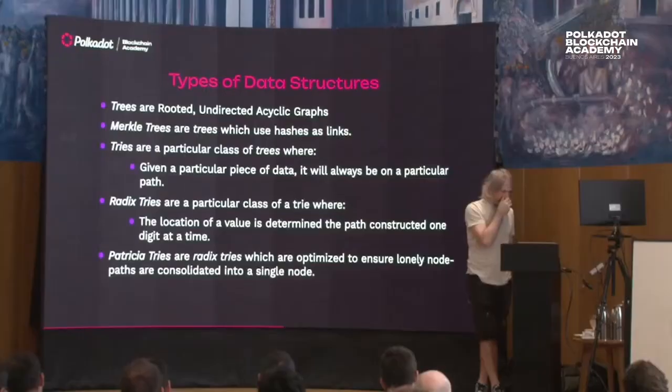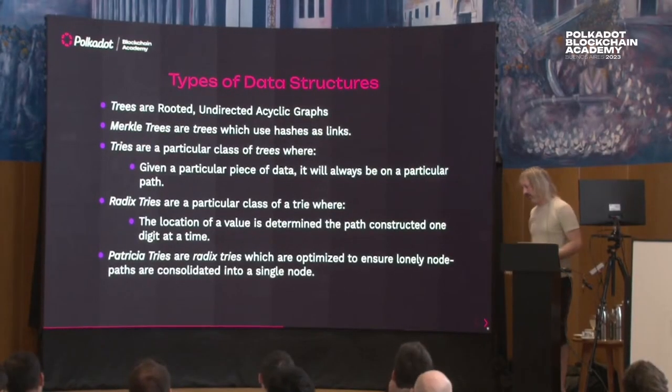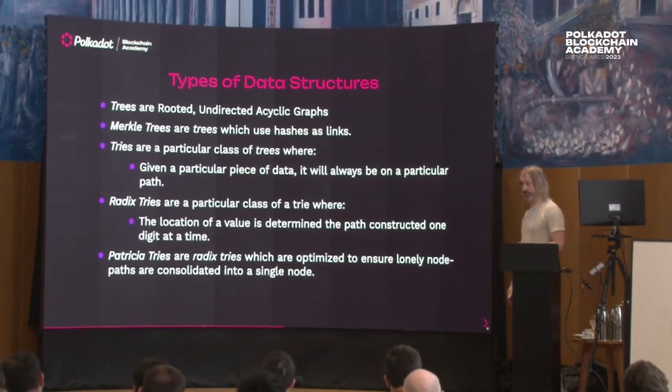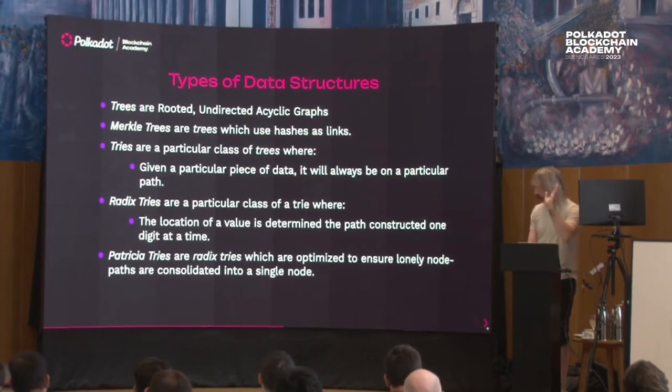And that can become costly. So we want to minimize the distance between the root and the leaf. By doing so, we minimize the proof size, and we minimize the number of database lookups. Clear? Good. So Patricia tries are just a way of optimizing that.